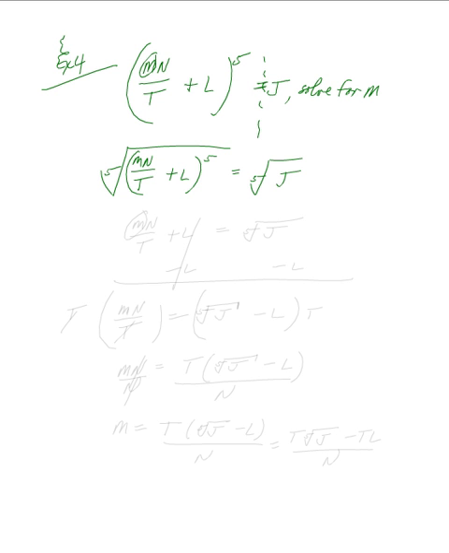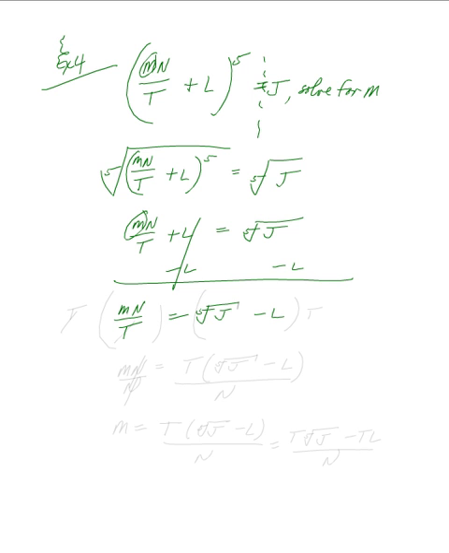Alright, so the 5th root and the 5th power undo each other. You have mn over t plus L equals the 5th root of j. Now, what's the thing furthest from the m on the same side? Looks like the L, since it's being added. I want to subtract it. So I have mn over t equals the 5th root of j.